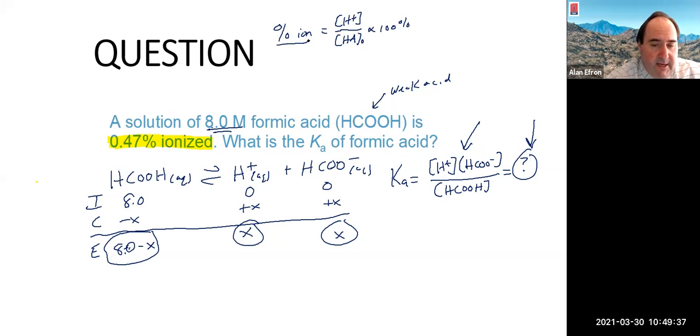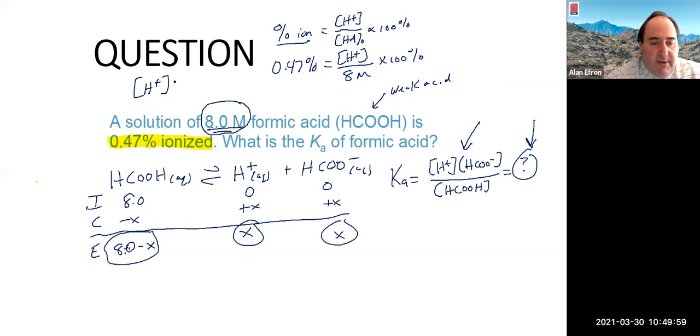We know the percent ionization is 0.47%. We don't know the H+ concentration, but we do know the initial concentration was 8 molar times 100%. That allows us to solve for H+.